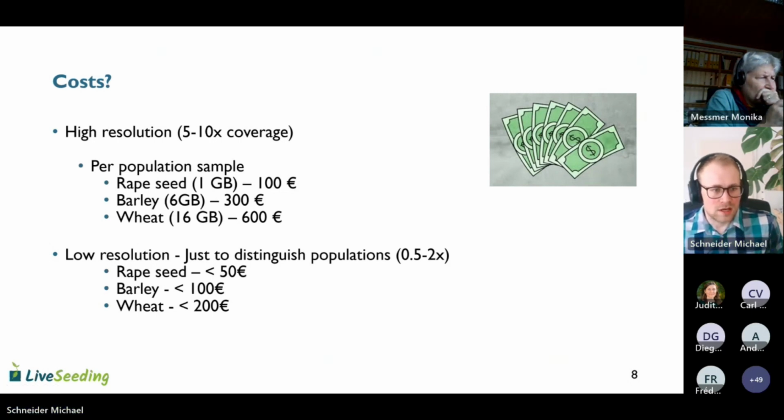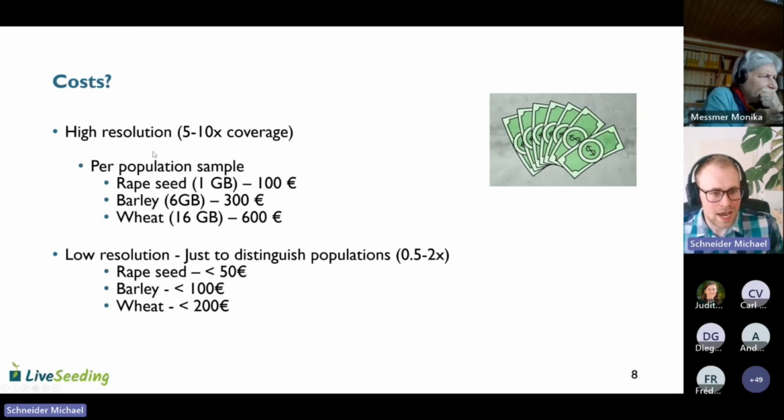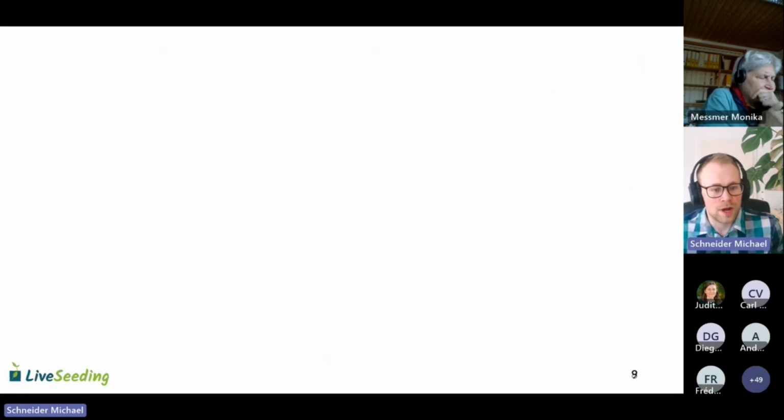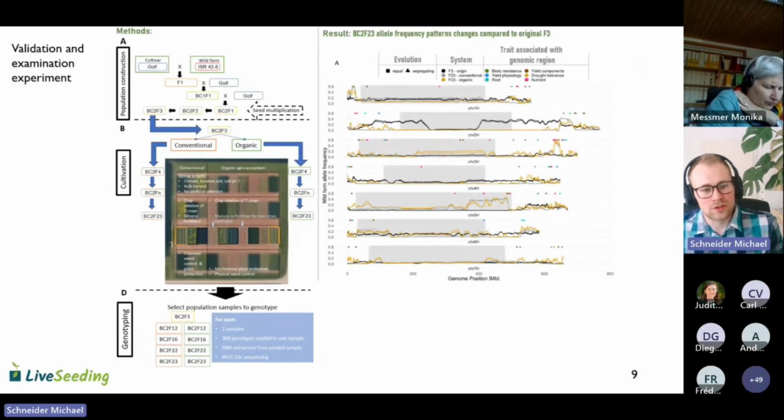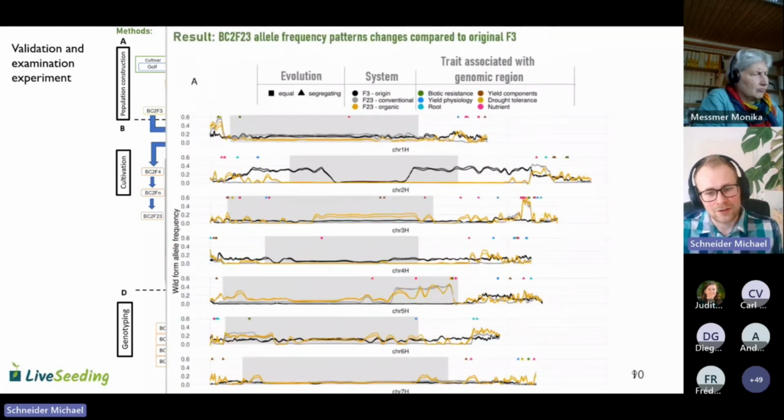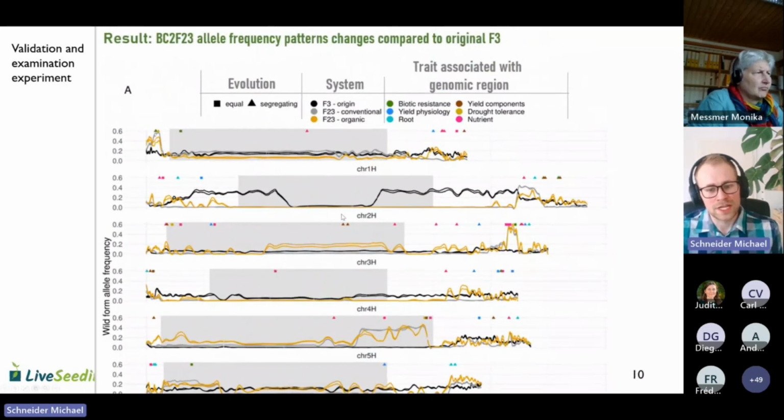As we did this at high resolution, I want to highlight one aspect where you can go one step further, because it's not only possible to differentiate these samples from each other, but you can annotate this to the genomic region.